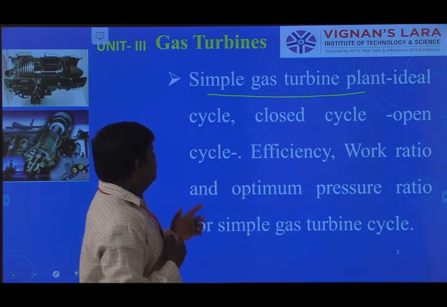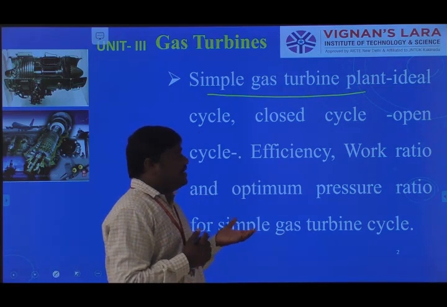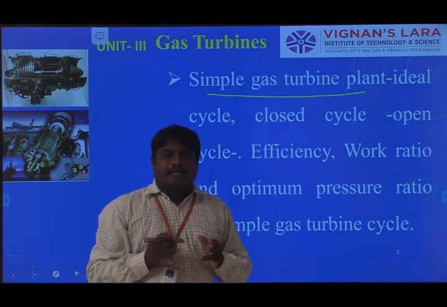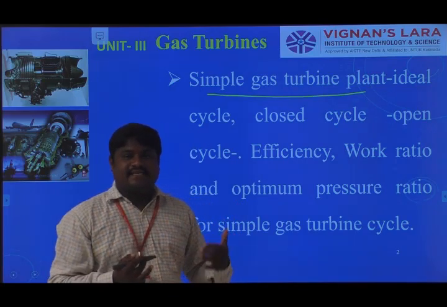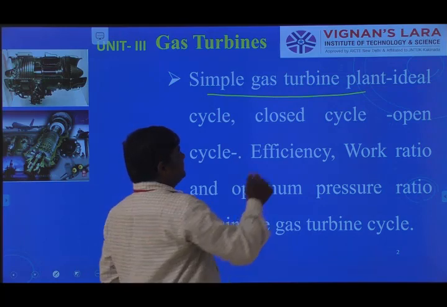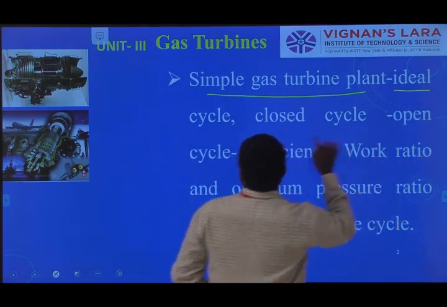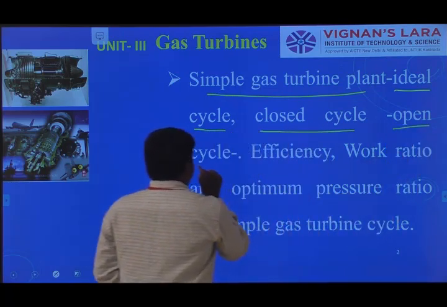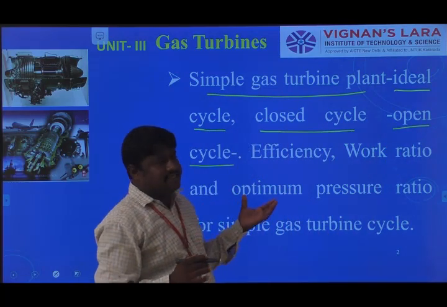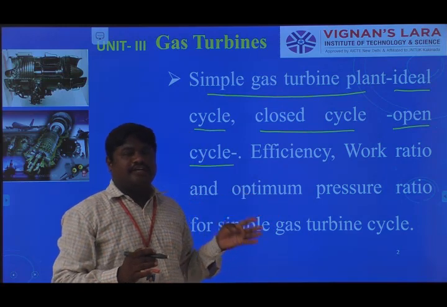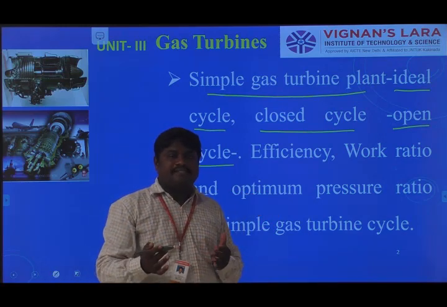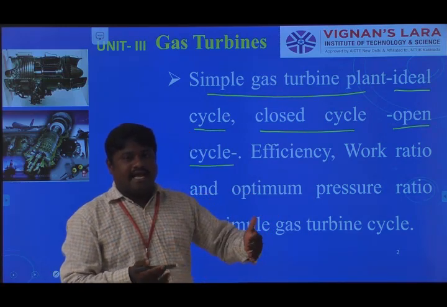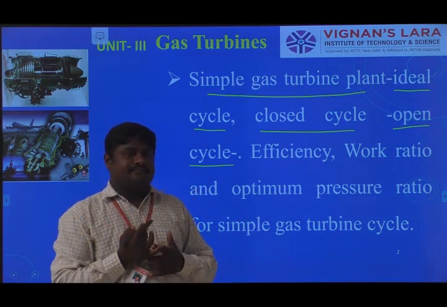Next, this is the simple gas turbine. We are discussing the working principle of the simple gas turbine here, and the ideal cycle, closed cycle and open cycle. We discussed in the previous classes, from the first unit onwards, the open system, closed system and isolated system.